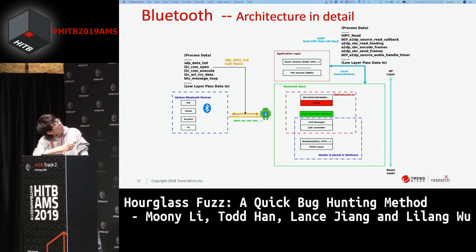You can see that after the data comes in, the packet is finally passed to the SDP related method here. The right part shows the internals of the local structure of Bluetooth, of Bluedroid, which is the implementation of Bluetooth on Android. From up to down, we separate it into different parts. First is the application layer, and then the Bluetooth stack.